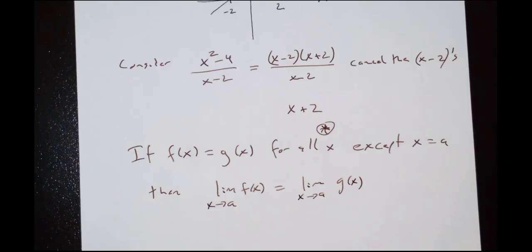And what this tells me is that if I have a function and there's a problem at one spot and I can find another function that's the same everywhere else, then I can swap them out. And instead of doing the limit of x squared minus 4 over x minus 2, I use the limit of x plus 2. And that means that I can actually compute this directly.